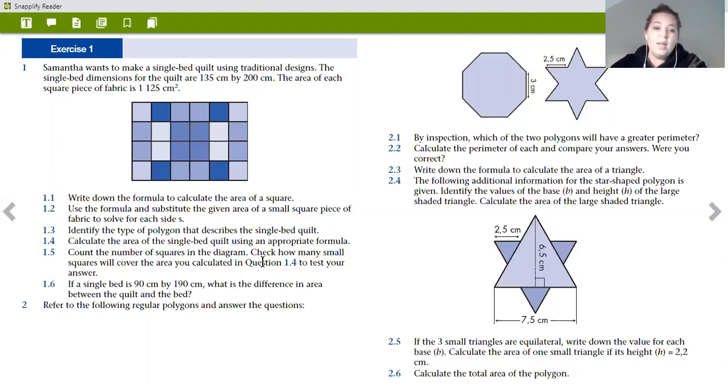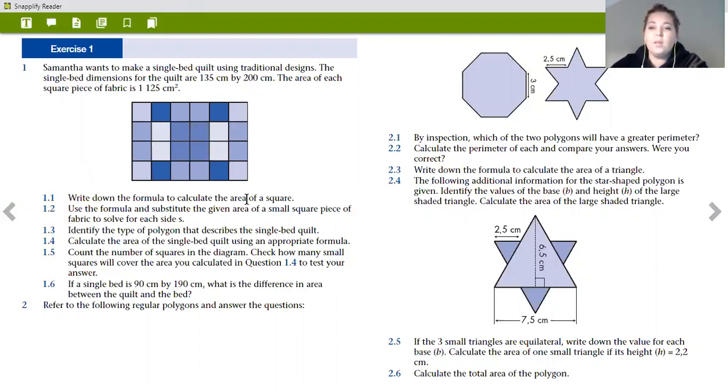You've got 24. Then it says to check how many small squares will cover the area you calculated in question 1.4 to test your answer. So that's the area of the entire quilt. We are going to see how many times the area of one square fits in it.